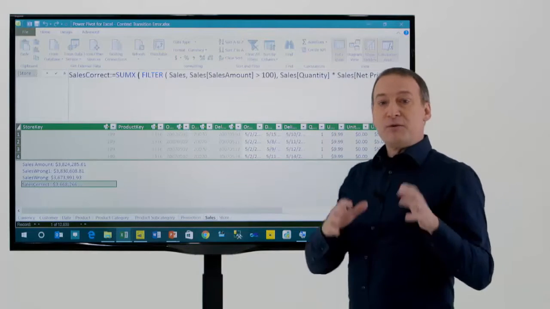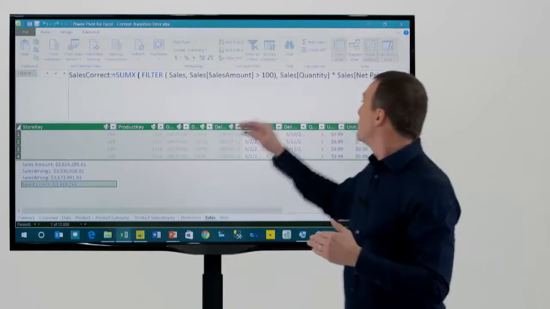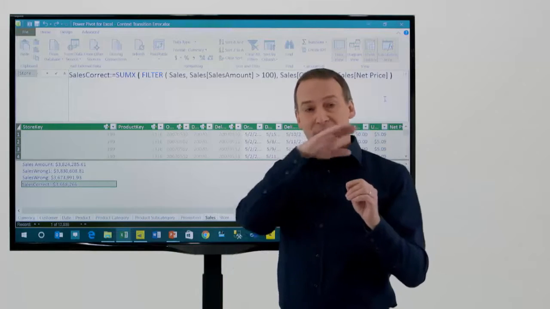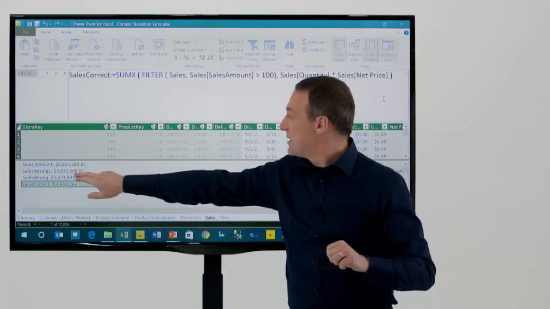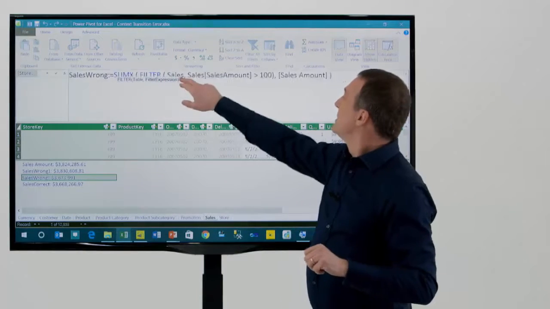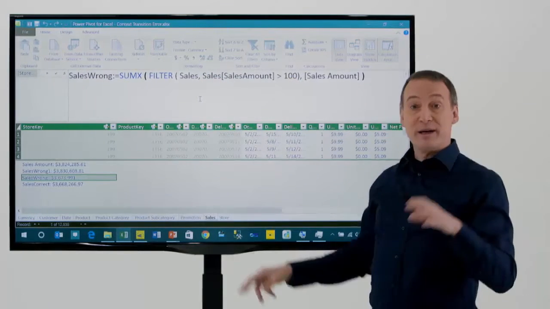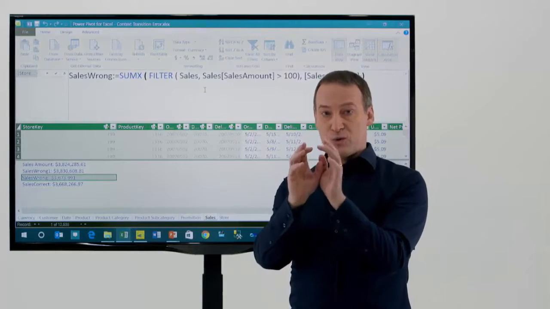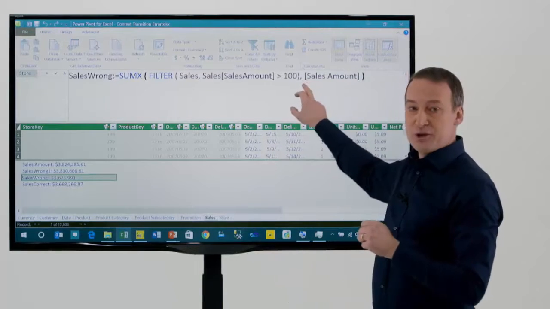Why that? Because if you do the iteration row by row, and then row by row you compute this expression, you are guaranteed to scan one row at a time. On the other hand, if you use the previous version, Sales Wrong, this will iterate Sales, filter only the rows where Sales is greater than 100, and then for each row where the sales are greater than 100, it will invoke the measure.